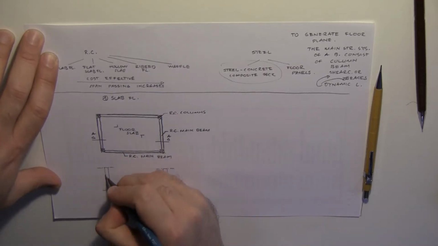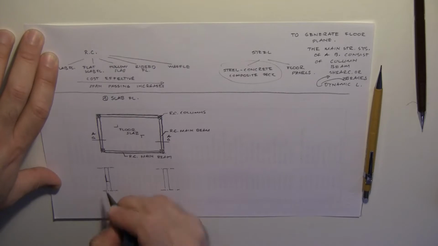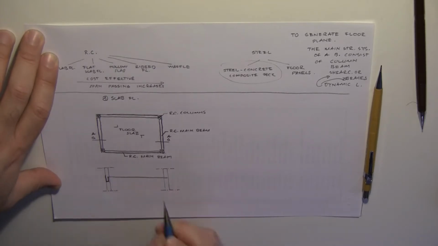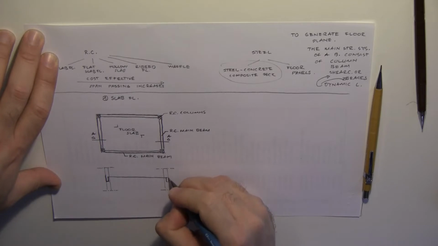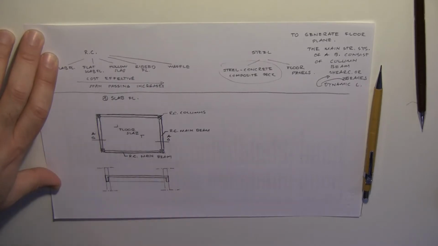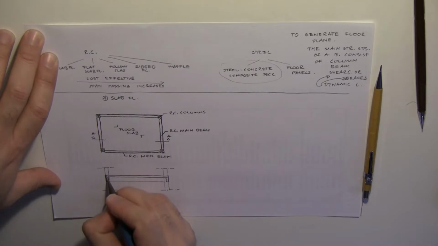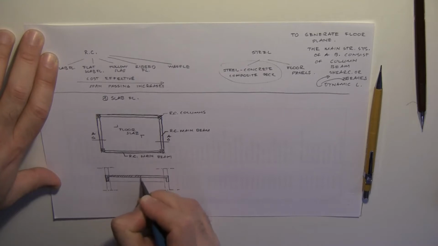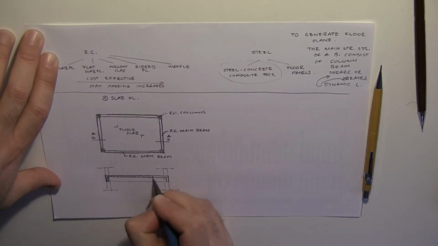Then I put the beam, which is something like this, and the slab, and here is the other beam, and here is the floor slab. Of course, as we have a beam in the background, I'm going to draw another line there. And now, in order to make you understand it clearly, I'm going to hatch it like this.